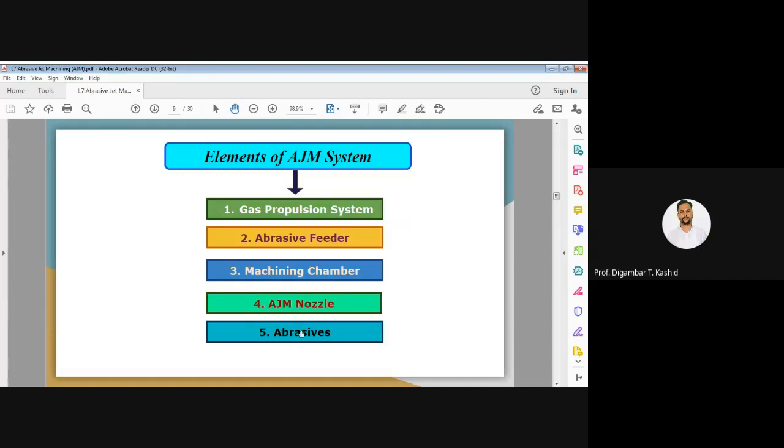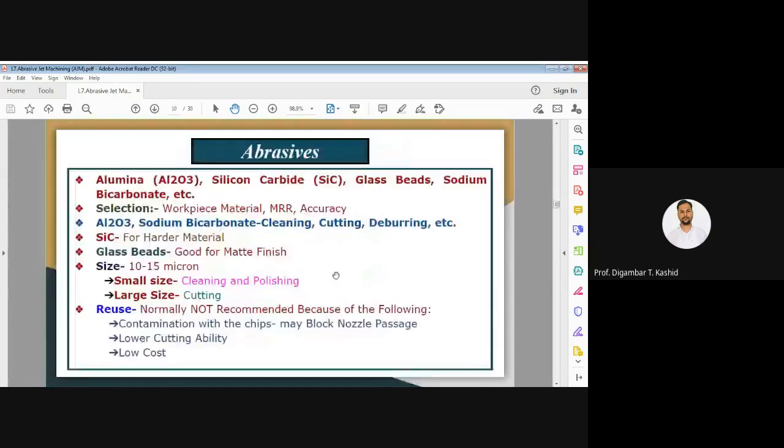And the last and important element is the abrasives. Here I have made a separate slide about this abrasive: which kind of abrasive material we can use in this machine. There are various types of abrasives used in the AGM.